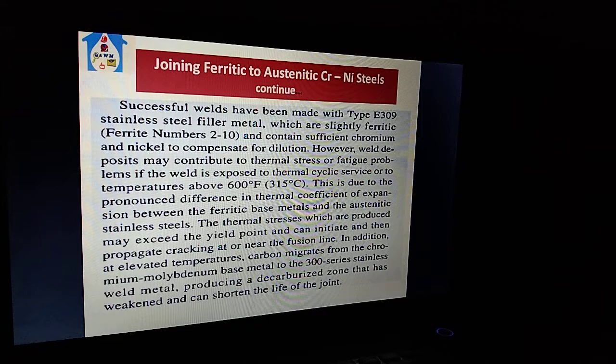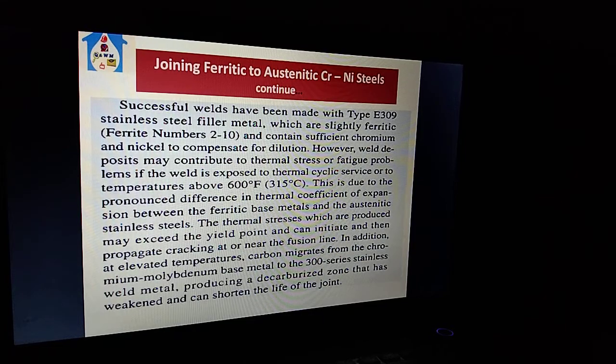Successful welds have been made with the type E309 stainless steel filler metal, with a slight ferrite number of 2 to 10, and containing sufficient chromium and nickel to compensate for dilution.